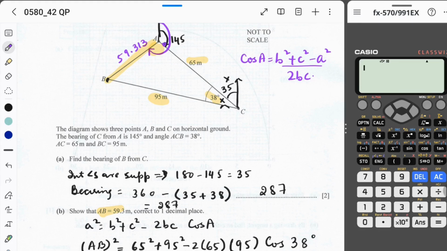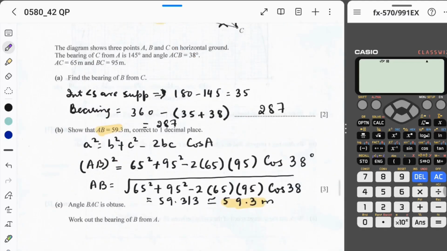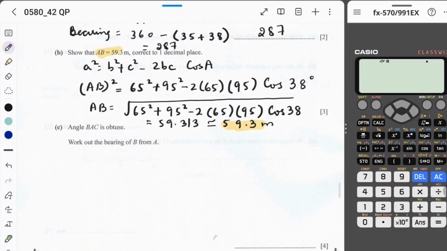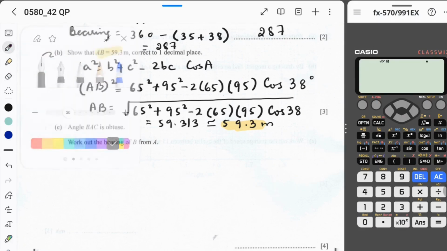Alright, or the sine rule is A over sine A equals B upon sine B equals C upon sine C. We have used the cosine rule, so now I'm using the sine rule here. For example, if you have a triangle ABC, this is side A, opposite to B is side B, opposite to C is side C. So A over sine A, B over sine B, and C over sine C. Just look at the diagram.